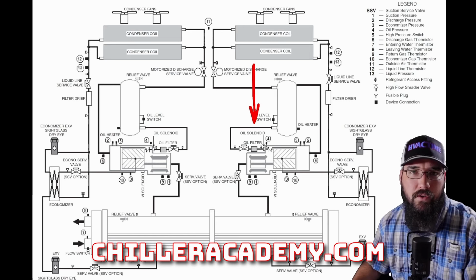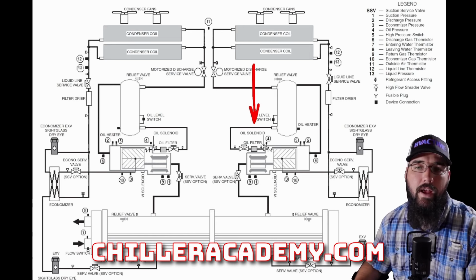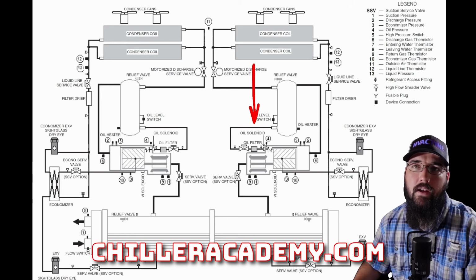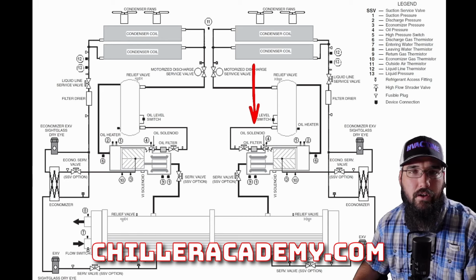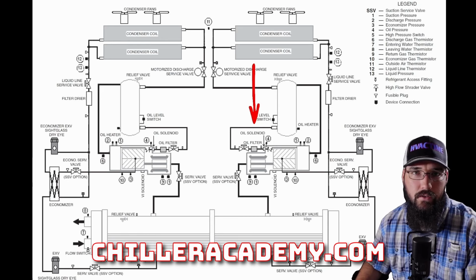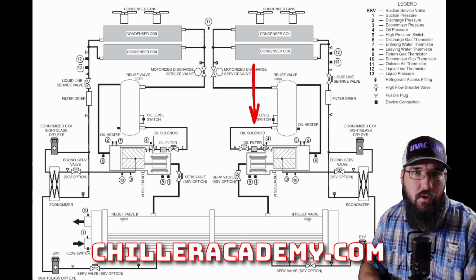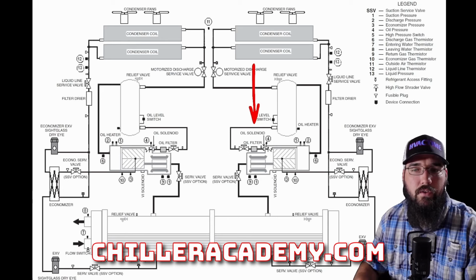For most of these, from an air-cooled perspective, even the small, say RTAA, any time with an air-cooled you're probably going to be looking at a dual circuit regardless. So even on the smaller scale, getting up into the larger ones, that's just how they did it.